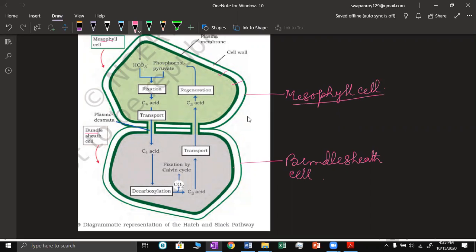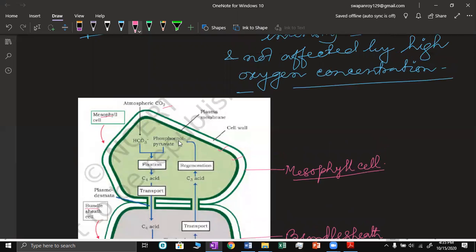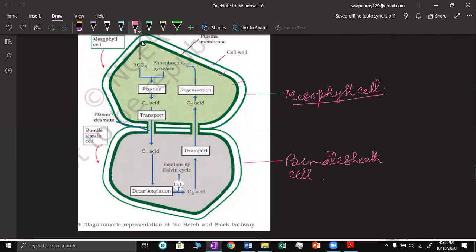In the mesophyll cell chloroplast, what is happening, as I told, there is atmospheric carbon dioxide. This carbon dioxide mixed with water, say bicarbonate is there. This one is absorbed by phosphoenol pyruvate. This is showing phosphoenol pyruvate. This phosphoenol pyruvate combines and they form a C4 acid.